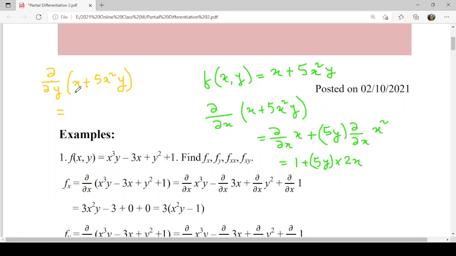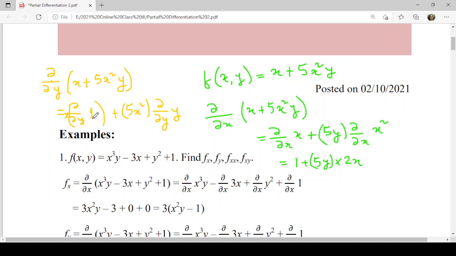So you can write del y of 1, because there is no y, the constant 1 is there, and this x is taken outside. After this you take out the 5x square, and this is del y of y.